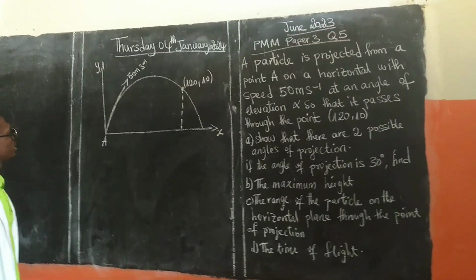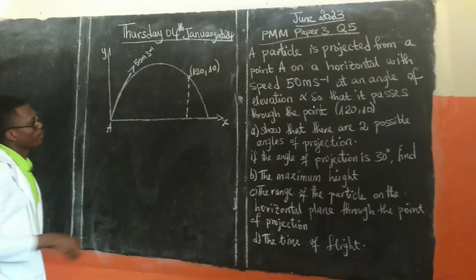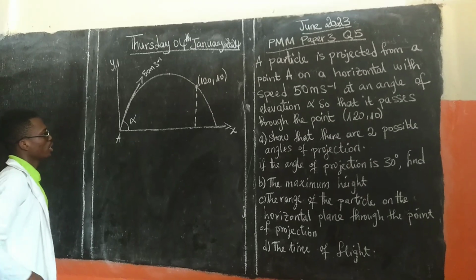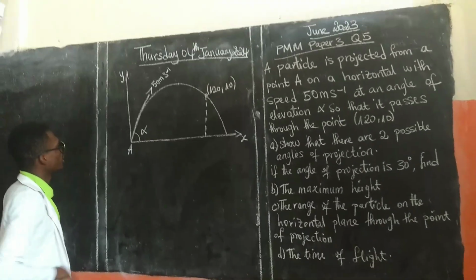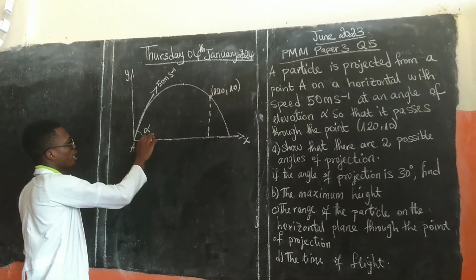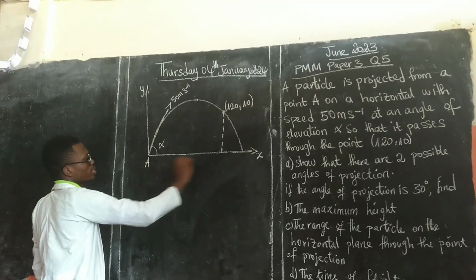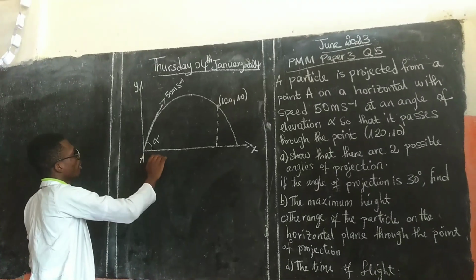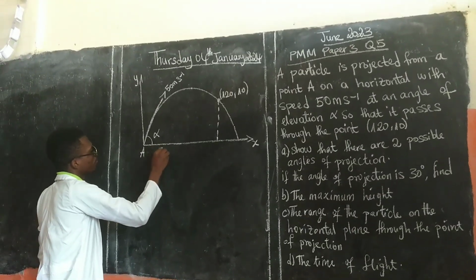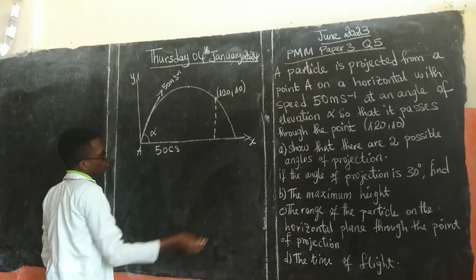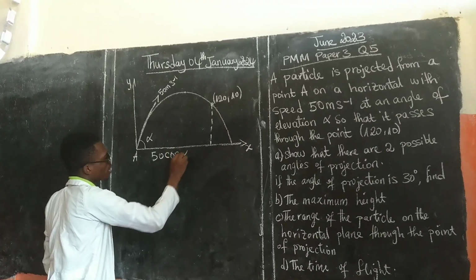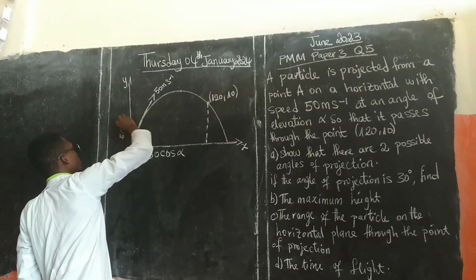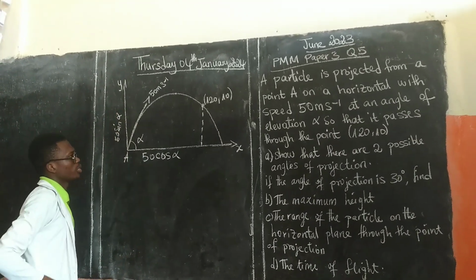Now it is projected at an angle of alpha with the horizontal. So the horizontal component of the velocity is going to be 50 cos alpha, and the vertical component will be 50 sin alpha. So this is the diagram.